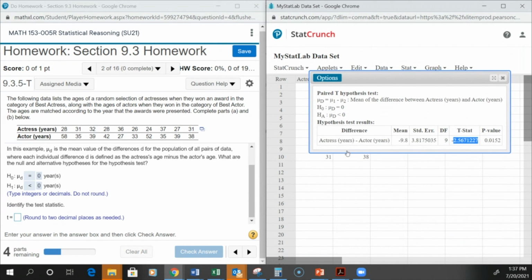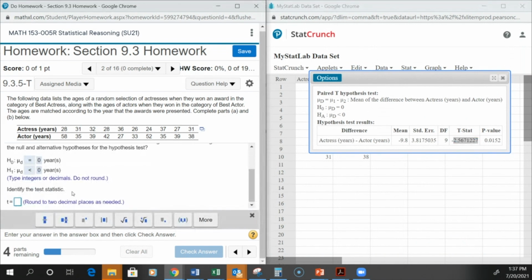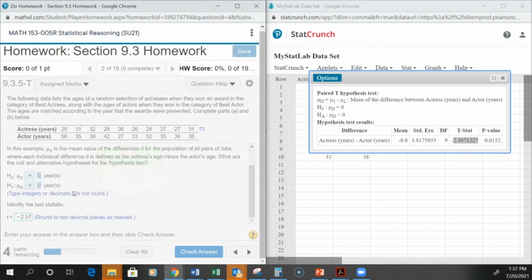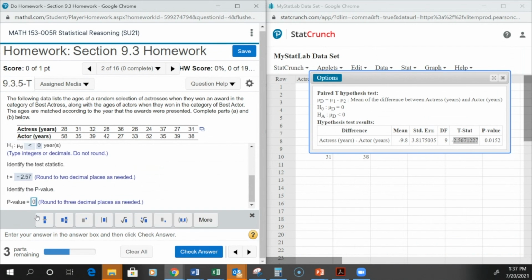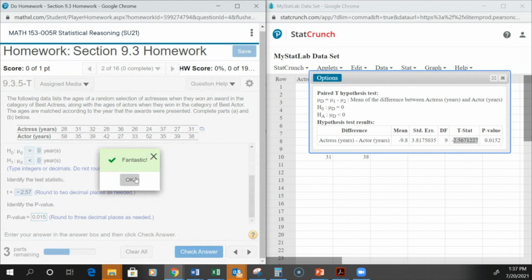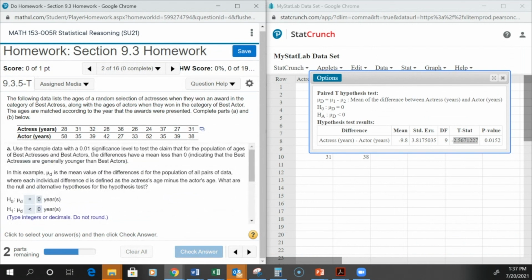Here's a t-stat, negative 2.56. Quite a ways to the left, not extremely to the left. We'll round it to 2.57. Identify the p-value, which is pretty small, 0.015. And our alpha was 0.01.